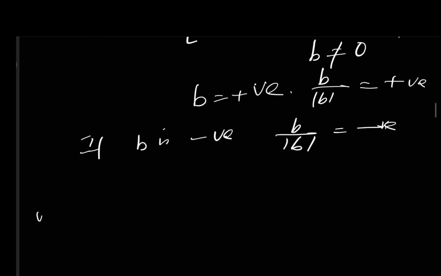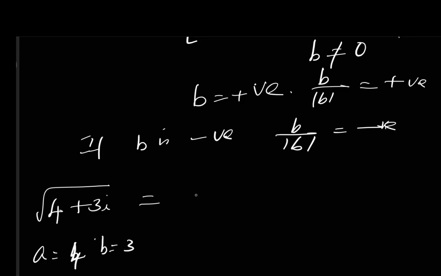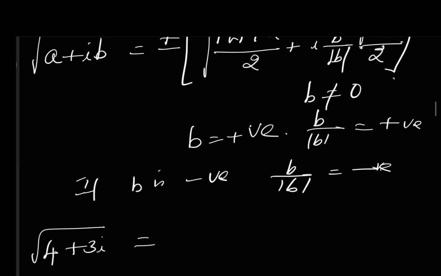Okay, first sum, root of 4 plus 3i. This is equal to, here a is 4, b is 3. Just replace and substitute here. So square root of modulus z plus a by 2. What is modulus z? Root of 4 square plus 3 square, 16 plus 9, 25.